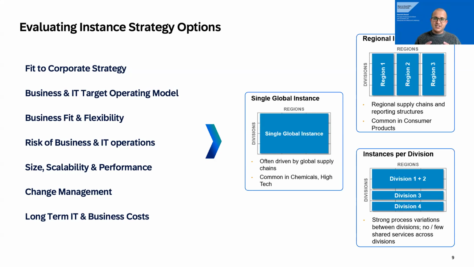Then the second one is regional instances where, say, North America, South America, Europe, Asia are on separate instances to provide them flexibility that they need. Or they could also be based on division. So whether a consumer care division is different from life sciences or any other business, that also factors into making an instance strategy decision based on division.